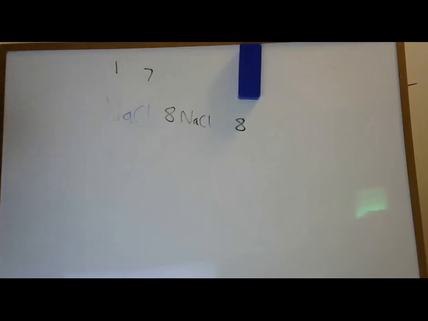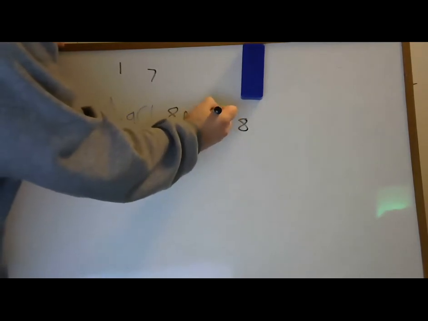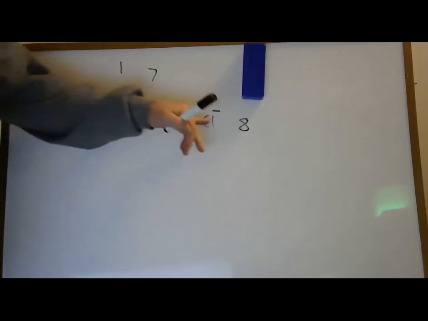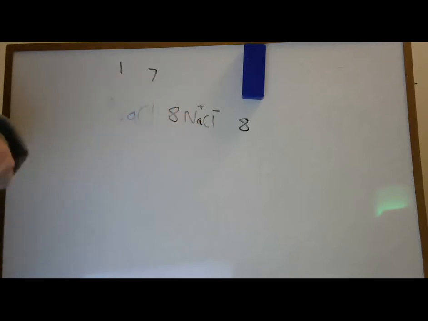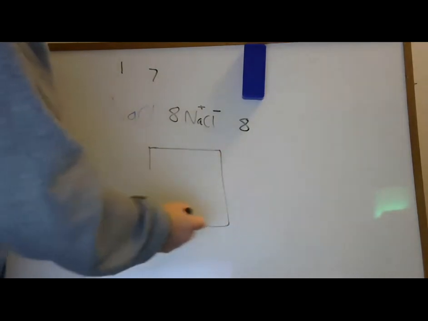The ionic bond is the electrostatic attraction between positive and negative ions. Sodium gives away its electron, it becomes positively charged. Chlorine accepts the electron and becomes negatively charged. That electrostatic attraction between them is why ionic bonds are so strong. And they also form these lattices.